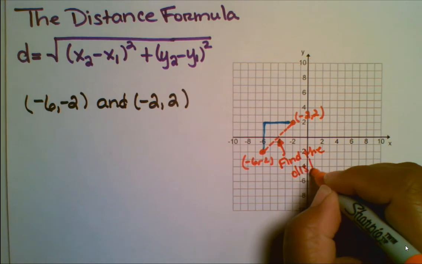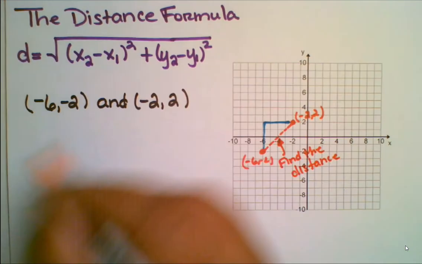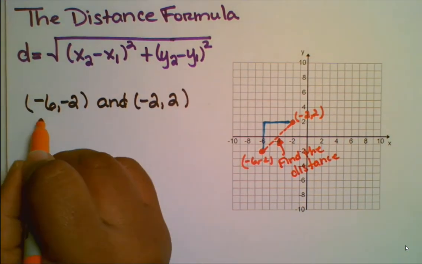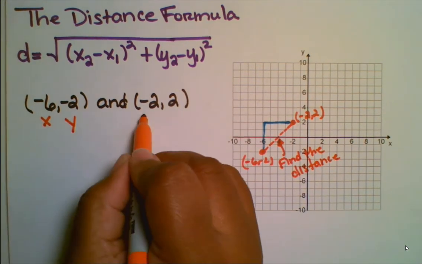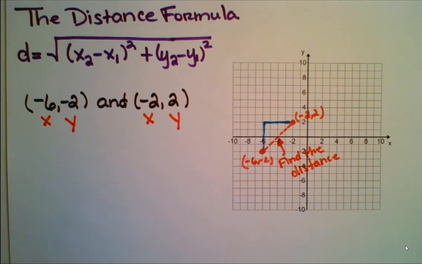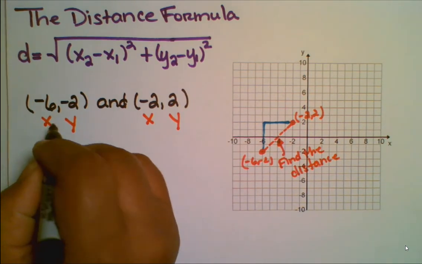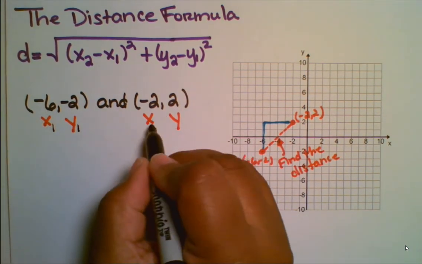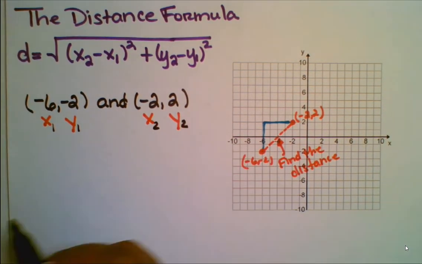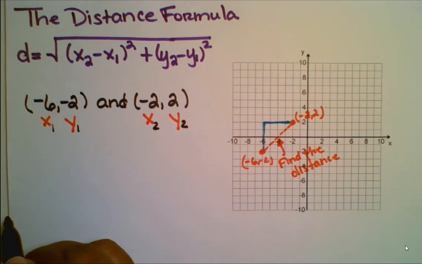So to find the distance, we're using our formula. So no matter what, our coordinates are labeled as such, x, y, and we're going to give it a name. The first set of points I see, I'll label it with a subscript of 1. The second set of points I see, we're going to label that with a subscript of 2.